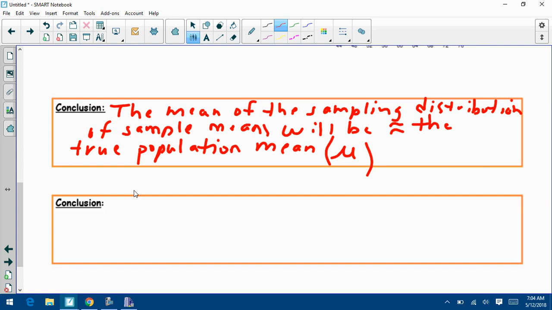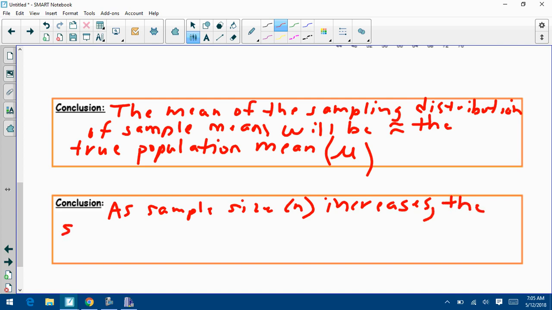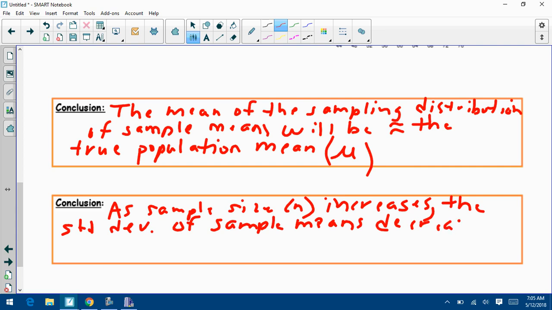The other thing we can say is, as sample size, and usually they'll use n for sample size, so as sample size n increases, the standard deviation of sample means decreases, which should make sense.